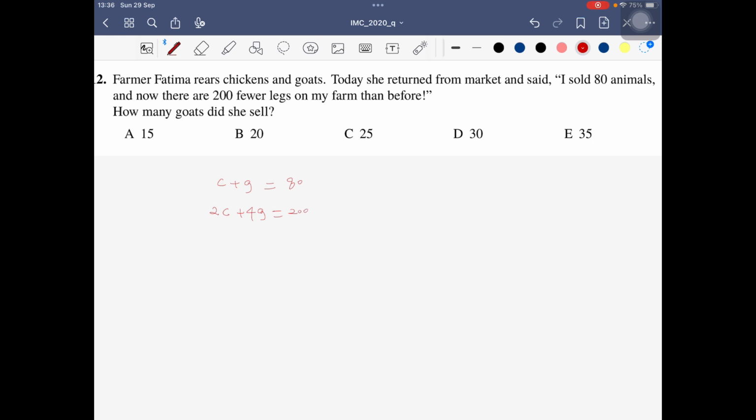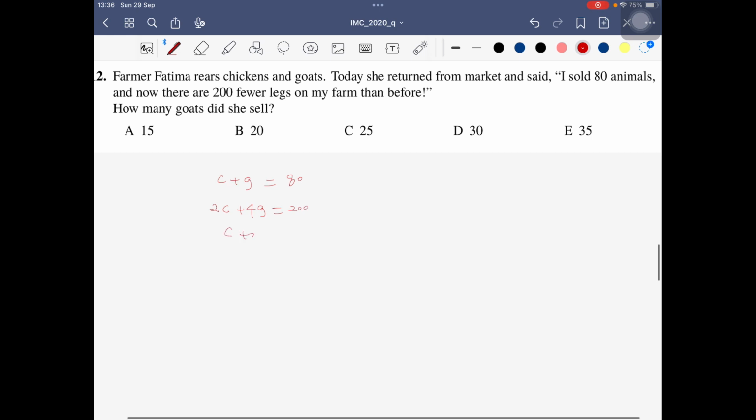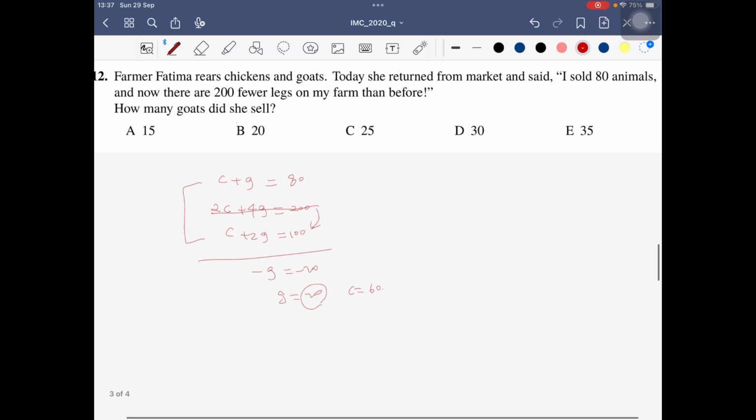Altogether 200. So C plus 2G equals 100 after I divide by 2. So here I can make the system of equations. When I subtract them, negative G equals negative 20, G is 20, C is 60. So how many goats? 20.